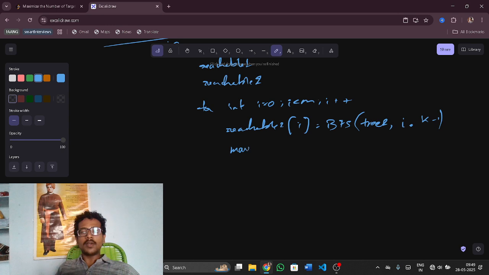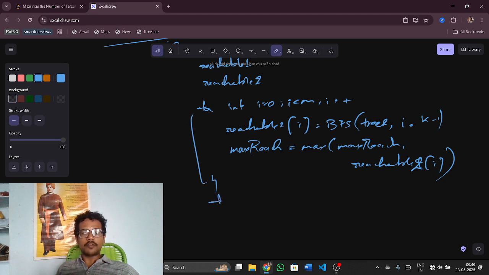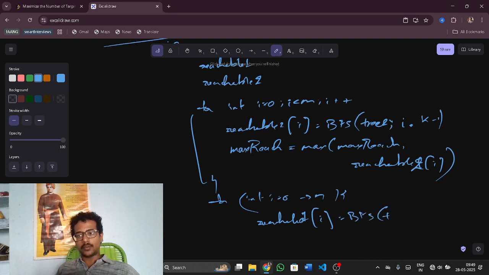Now, as I only need the maximum, max reach will be the maximum of max reach, comma, reachable 2 of I, right? Now for int I is equal to 0, I goes to n, and reachable 1 of I is equal to BFS of tree 1 comma I comma k.